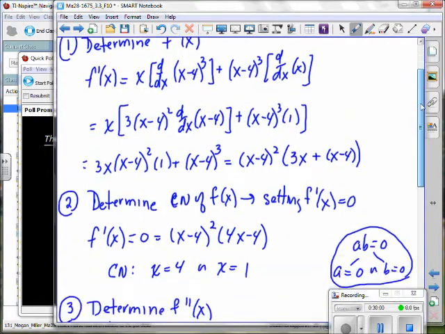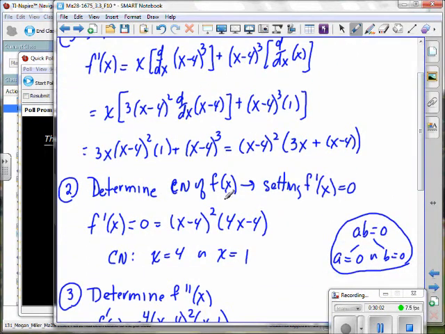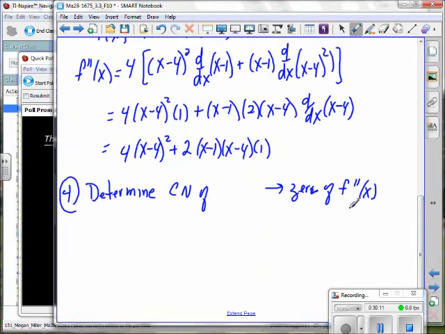On the first derivative, they were critical numbers of the function by setting the derivative equal to 0. So if I want to do the same thing down here, it would be of the first derivative. Yeah, so I want to find the zeros of the second derivative. So I want the second derivative to be equal to 0. Do I need to rewrite that again, like I did the first derivative?